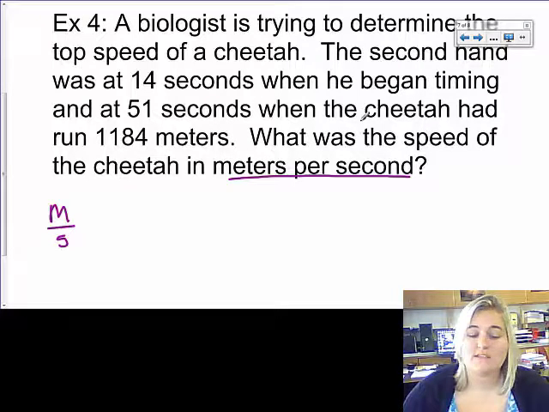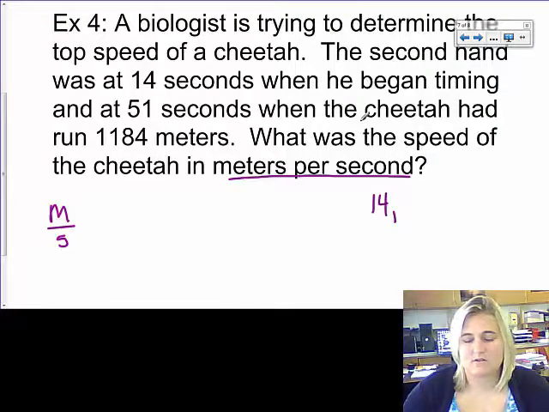At 14 seconds, how far had the cheetah gone? It says the second hand was at 14 seconds when he began timing. So how far has the cheetah gone? Nowhere, right? So it's at 0 at that point.